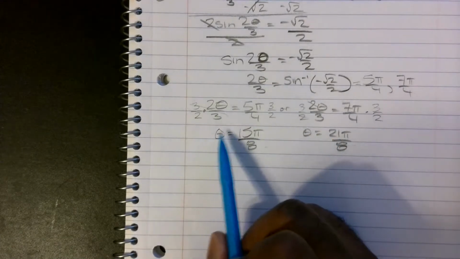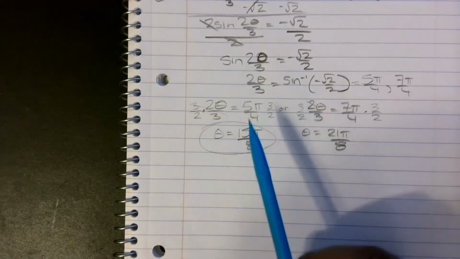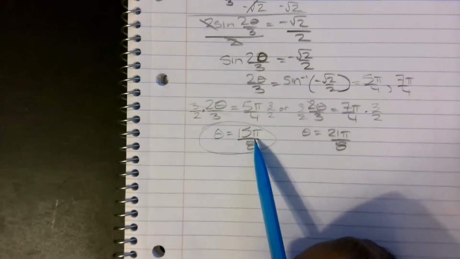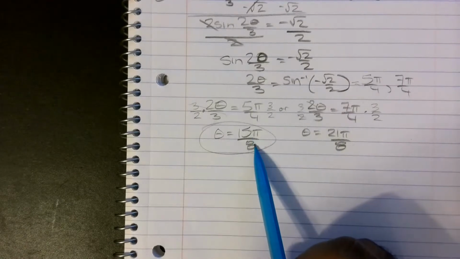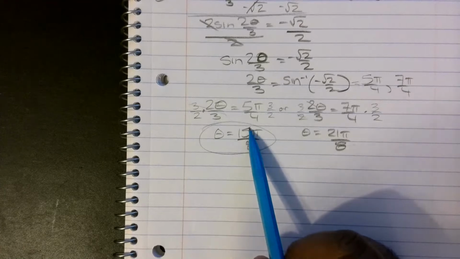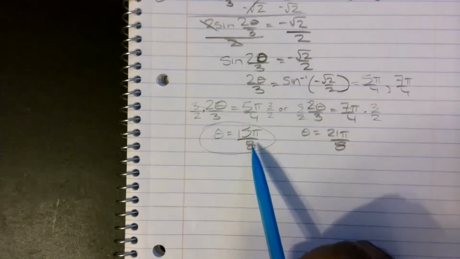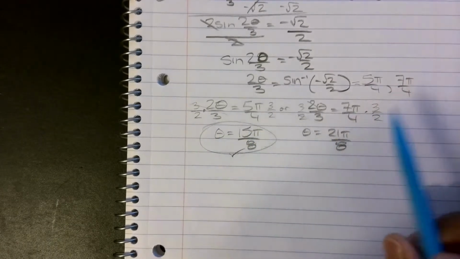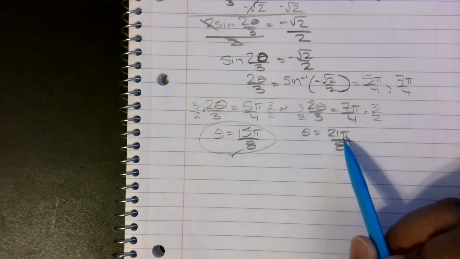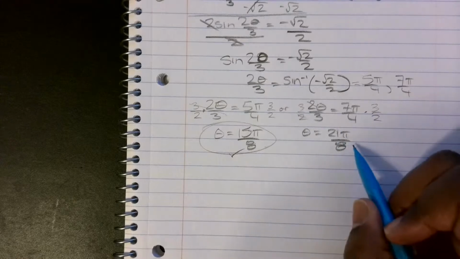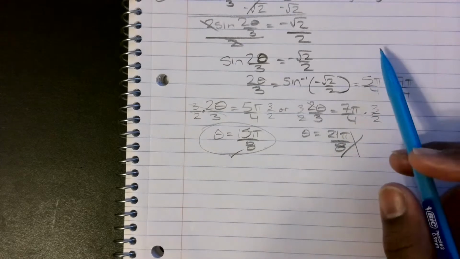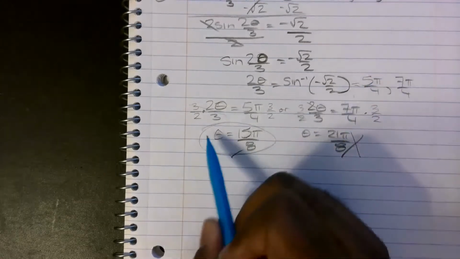Now this one, 15 pi over 8, is less than 2 pi, because 2 pi would be 16 pi over 8. So this checks. This one is 21 pi over 8. This is larger than 2 pi. This answer does not check out because it's not in the range that we want. So this is going to be our answer.